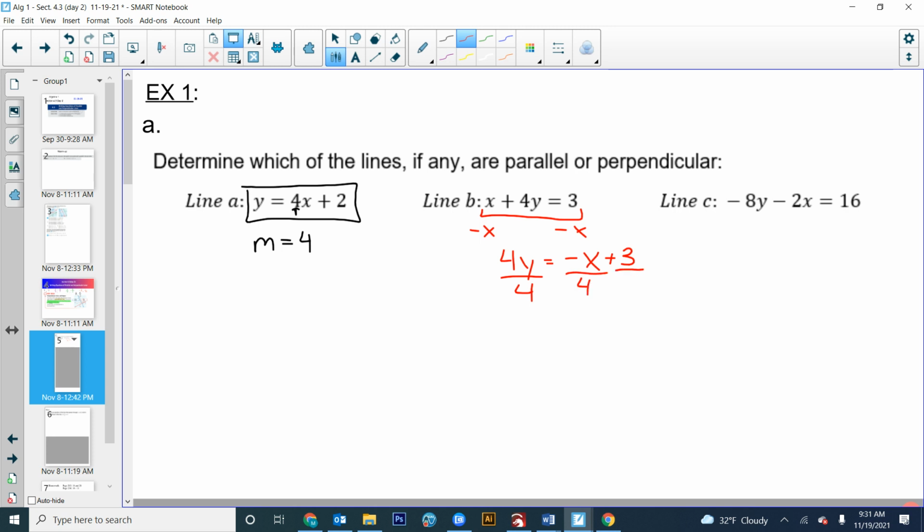All the parts get divided by 4. y equals negative 1/4 x plus 3/4. So what happened there was that x has a negative 1 in front of it, right? You see the x has a negative 1 in front of it? So we just understand to put that 1 up top. The x goes next to it, and that helps you see what the slope is.